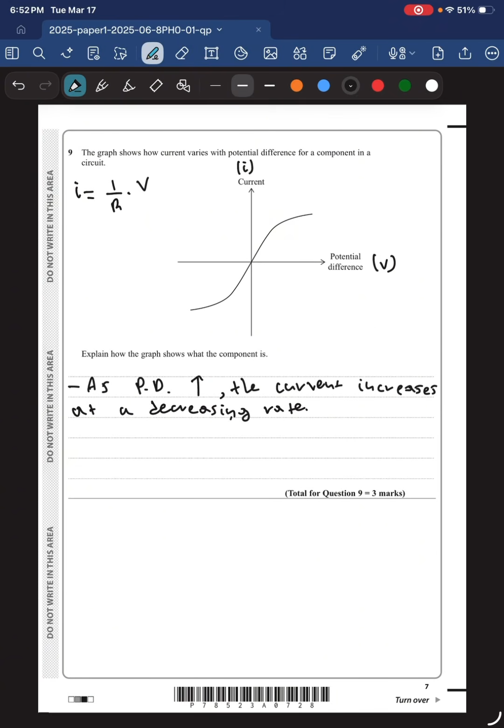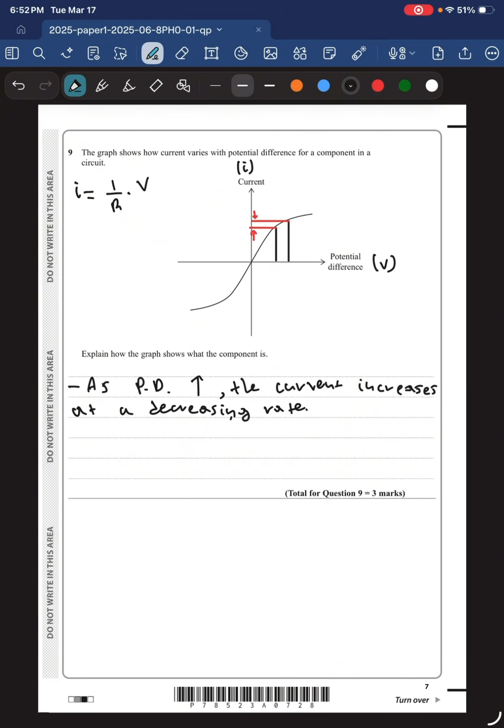Notice that if we increase the potential difference by, say, this much, the increase in the current is this one, between here and there.